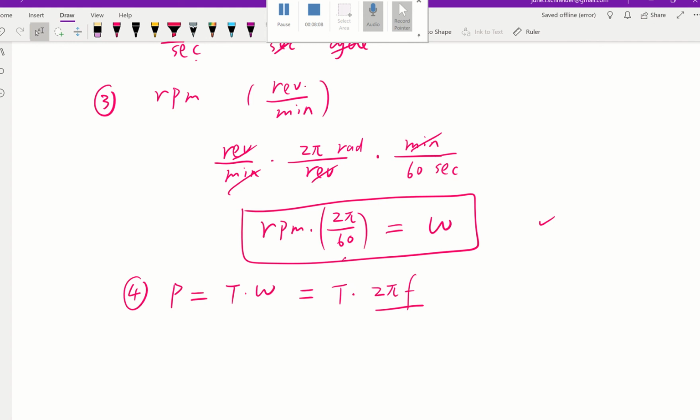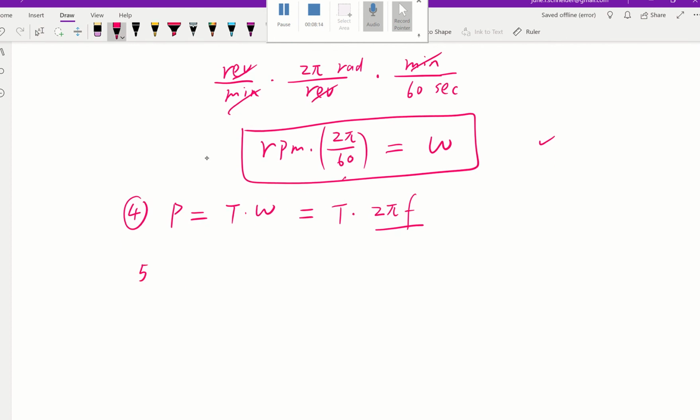Now I'm going to look at one more, the most commonly expressed one. Often when we talk about power, we don't talk about watts. In the US, we talk about, for example, your mower.